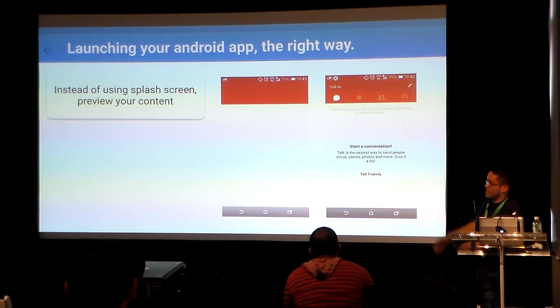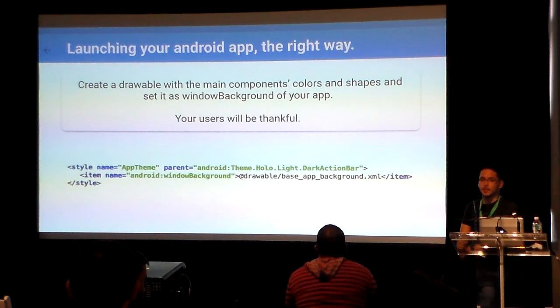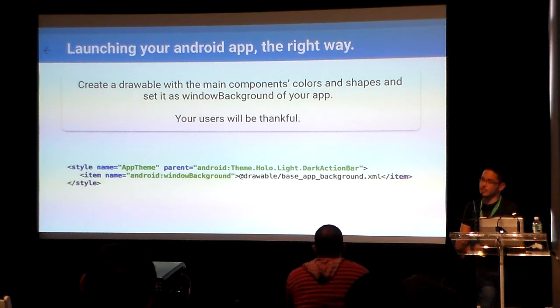And that's what, for example, Path Talk is doing, and it looks very nice. Actually, Path is always an example for good UIs. And that's it. So that's a very good tip for your apps.